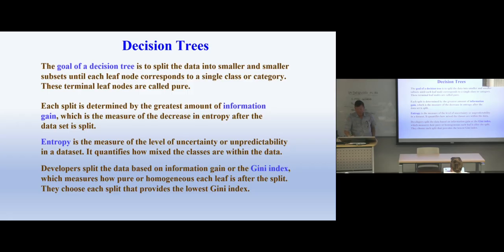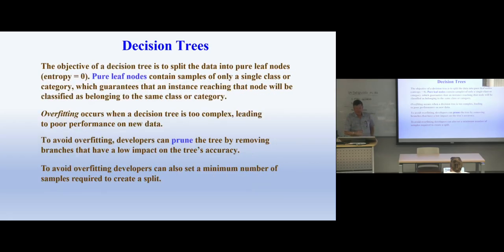The objective is entropy 0, pure leaf nodes, and this is great. If your decision tree is too complex, that means your computer can grind. Now, it won't on the size data sets we have, but then you end up with poor performance on new data. More about that as we come to it.